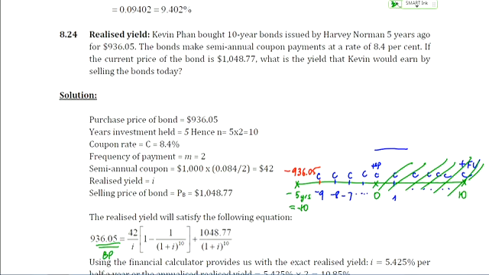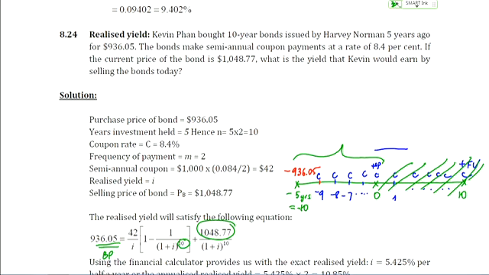You pay the price today, and you receive the inflows. So he is going to receive 10 periods of coupon, as you can see here, because he's holding for 5 years. So that's why he's going to receive 10 coupons in total. And at the end of the maturity of his holding period, he's going to sell the bond to get $1,048.77.